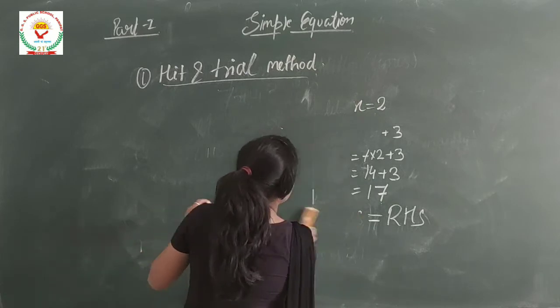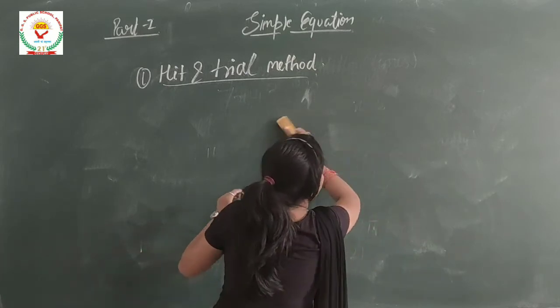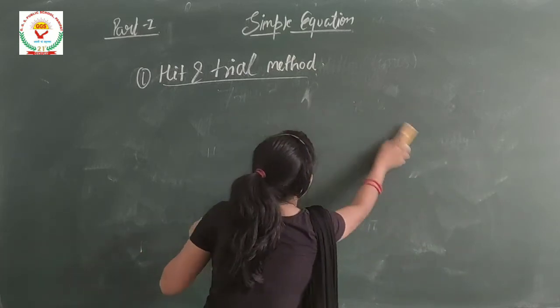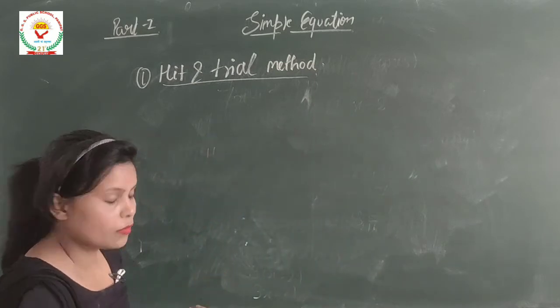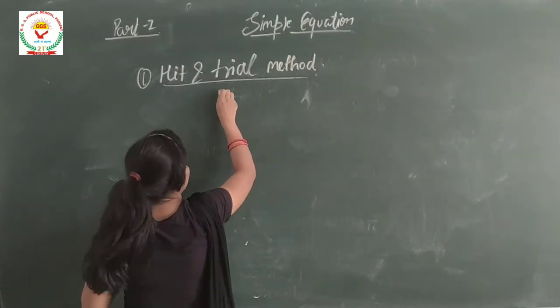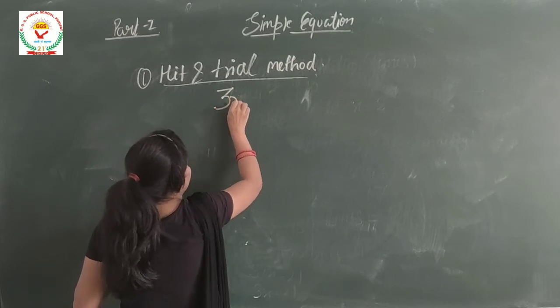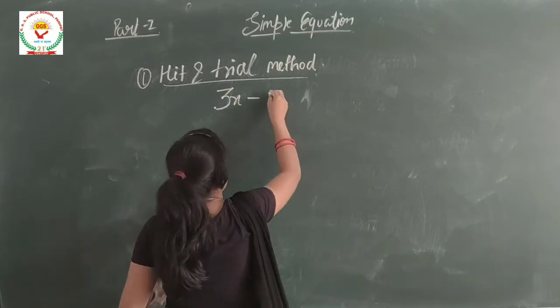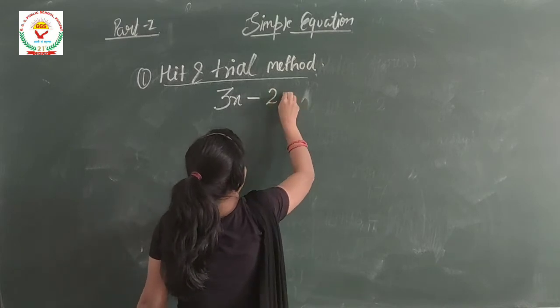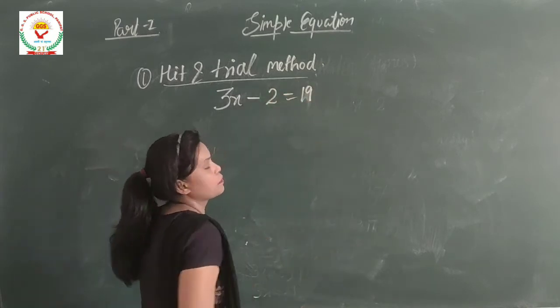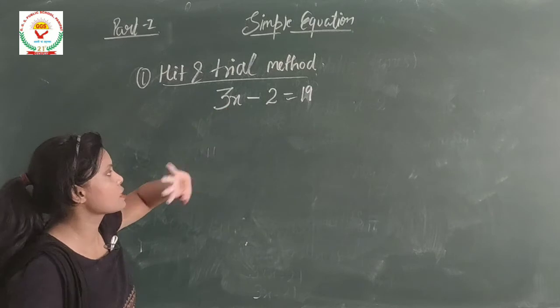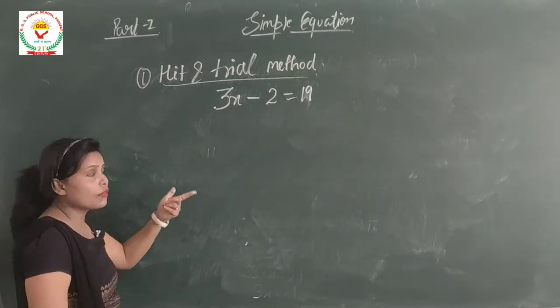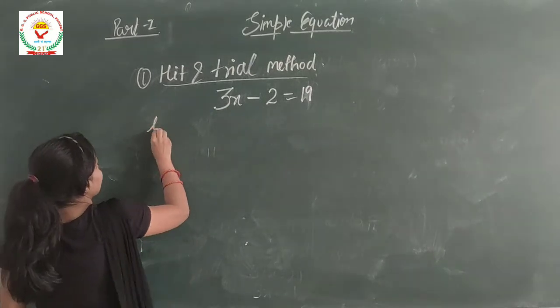Now let's take another example for solving with the hit and trial method. If I have an equation 3x minus 2 is equal to 19, we need to solve it with the hit and trial method.